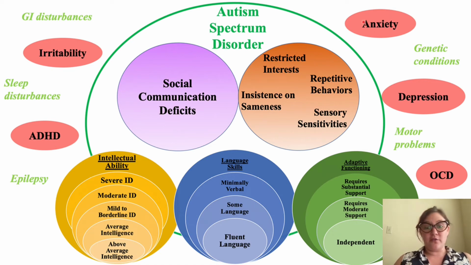And then some other things that go along with autism spectrum disorder are anxiety and depression. I find in my clinical practice that anxiety and depression usually is related to masking. Masking is a phenomenon where neurodivergent people adapt to social situations and camouflage.